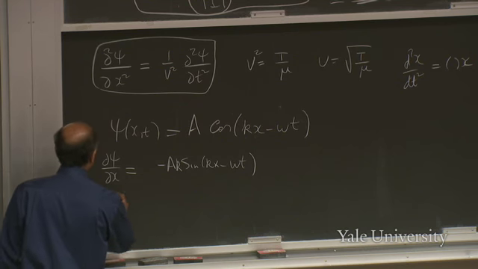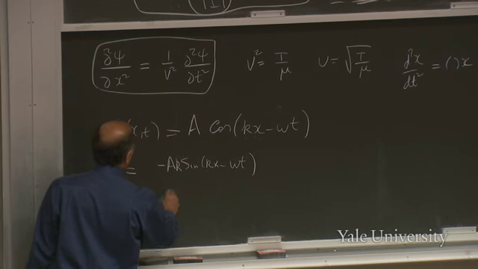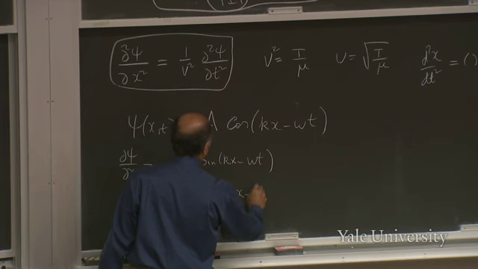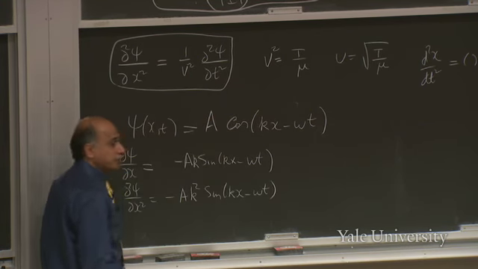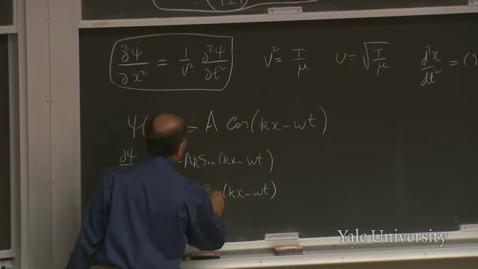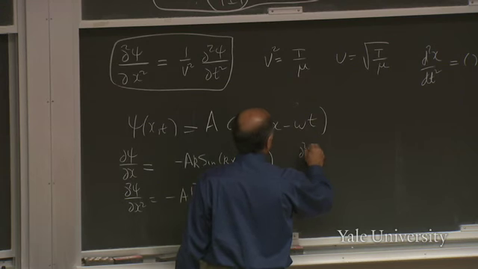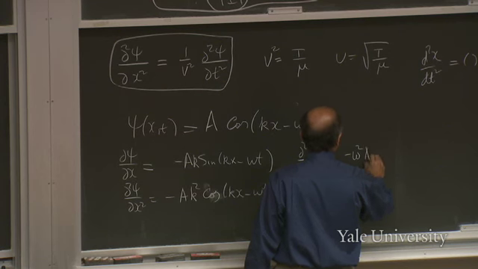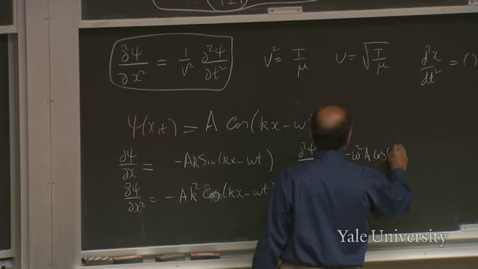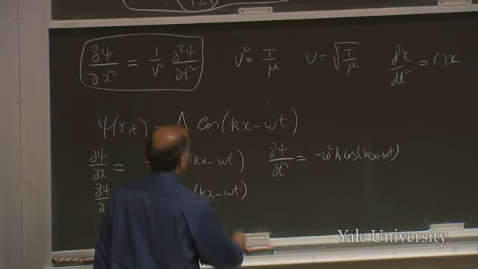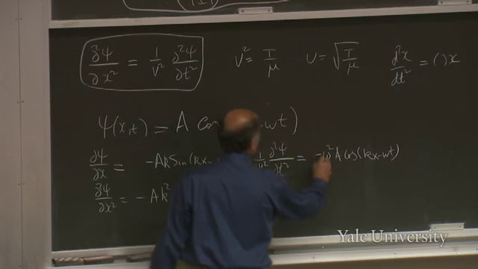Now if you differentiate the second time, d2 psi dx squared, you do the whole thing again, then you'll get minus a k squared cosine kx minus omega t. Now, if you take d2 psi dt squared, you will get minus omega squared a cosine kx minus omega t. If you take 1 over v squared times that, you will get this.